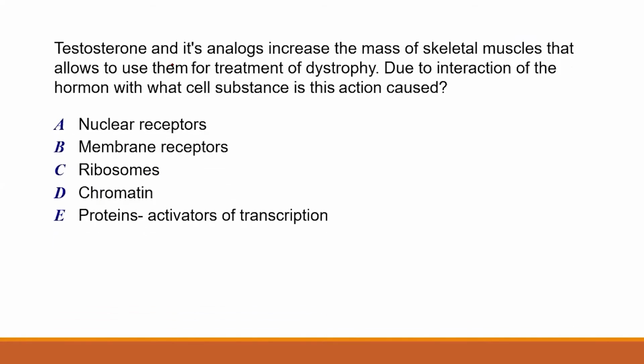Great. So we have testosterone. And you know testosterone is a steroid. Its analogs increase the mass of skeletal muscles, which allows them to be used for treatment of dystrophy. Now, due to interaction of the hormone with which cell substance is this action caused?